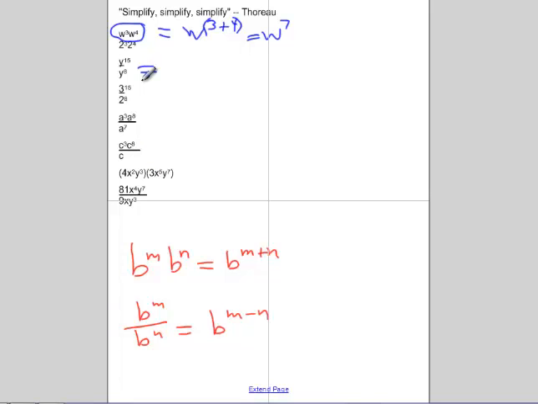Then I'll let you pause the video and see what you can do with the other ones. Let's take a look at y to the 15th power divided by y to the 8th power. That's a divided by sign right there between them. Are the bases the same? y is the same as y.